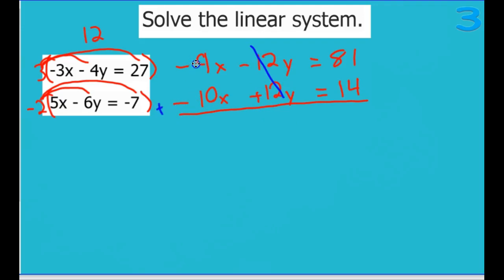Now we're adding. So -9 plus -10 gives us -19x equals 81 plus 14. That gives us 95. Divide by -19 to get our x by itself.